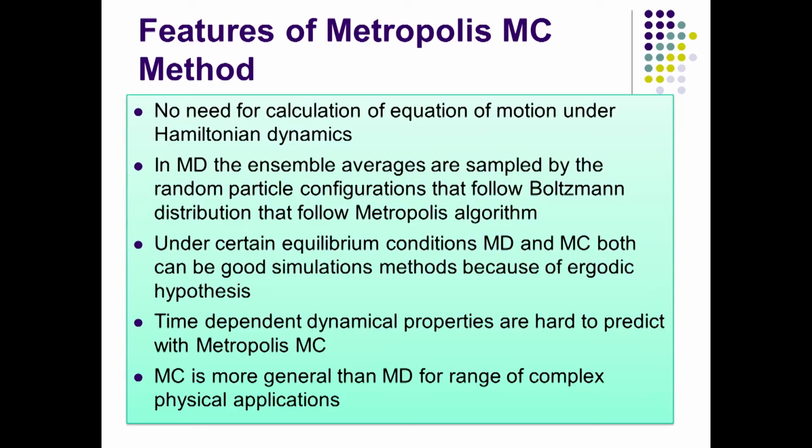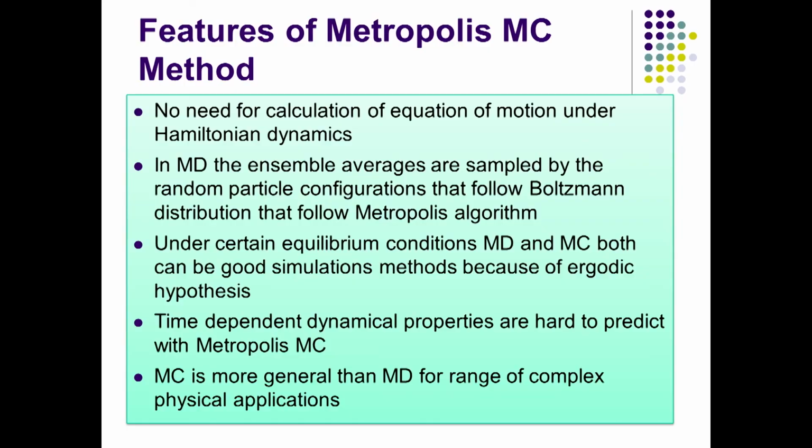Time dependent dynamical properties are hard to predict, although you can use kinetic Monte Carlo simulation as well, which we will touch upon. But in this case that information is lost, because we are not looking at the trajectory, how they move through the phase space.